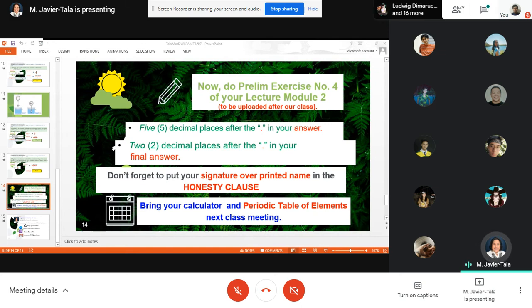Then in your final answer, you make it 2 decimal places after the decimal point, and you round off the last digit. So that we will be able to see where you got your final answer. That's why you are required to put the 5 decimal places first as an answer before the 2 decimal places after the decimal point from your final answer.